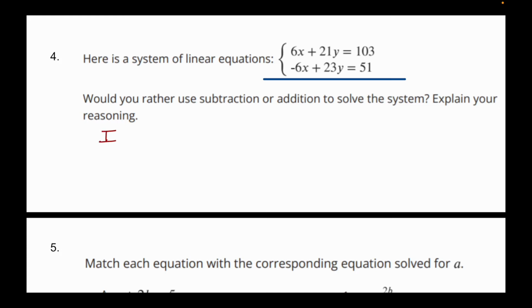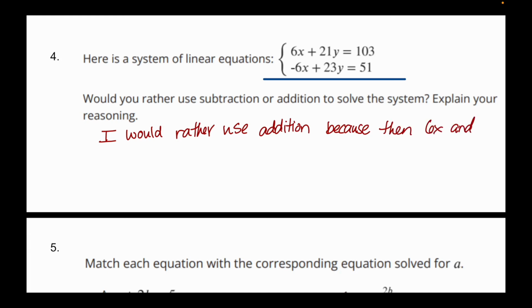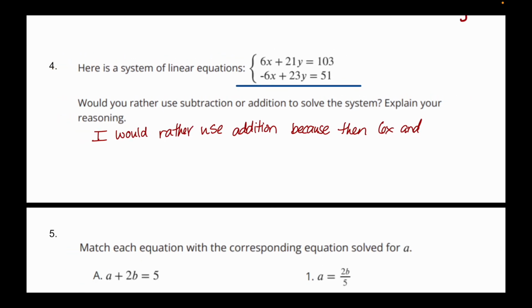I would rather use addition because then 6x and -6x will cancel.